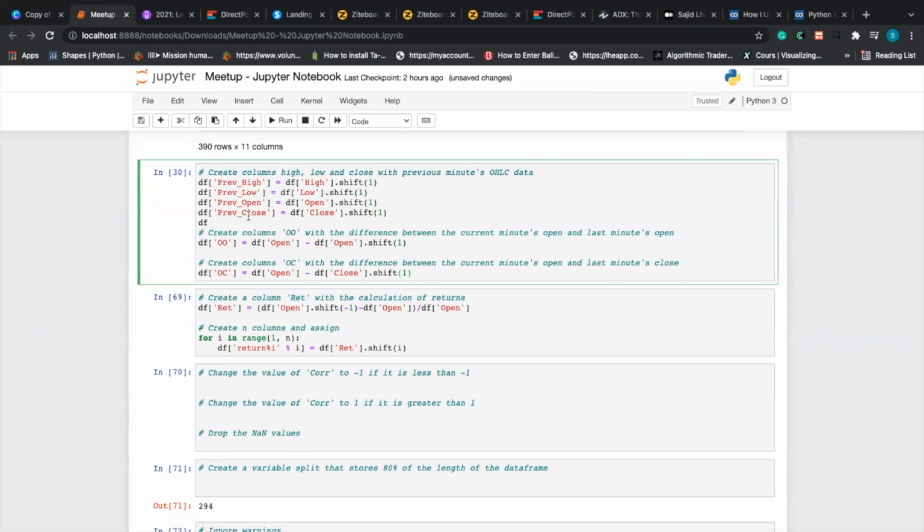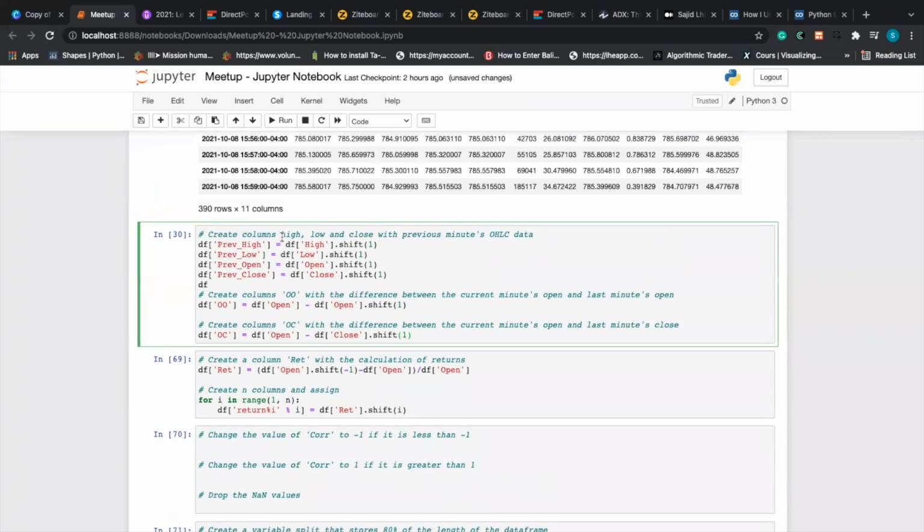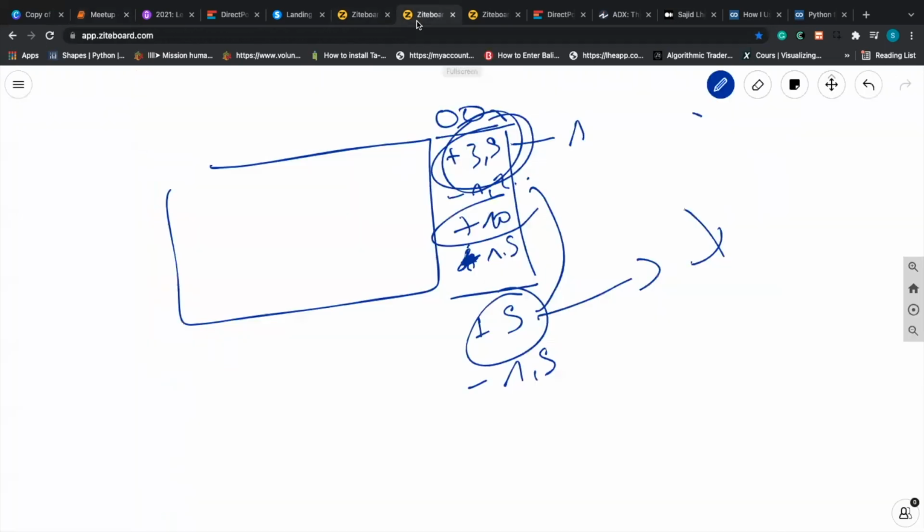The columns we have added here are a way for the computer to get information about the volatility, because when you have your OO and OC and you get a high value, you get another variable in order to clusterize even better.